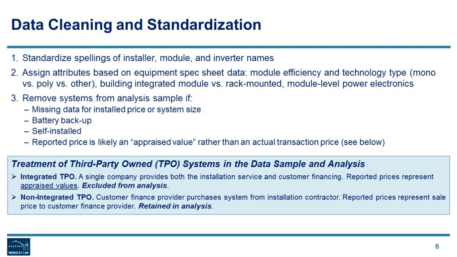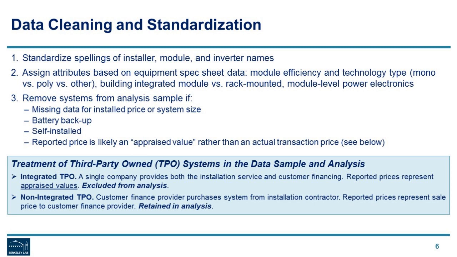In contrast to those integrated TPO systems, non-integrated TPO providers are where you've got two different entities, a customer finance provider on the one hand and an installation contractor on the other. And in those cases, there is an actual sale of the system between those two entities and a transaction price associated with that sale. And that's what then generally gets reported to the various entities who in turn provide us with data.